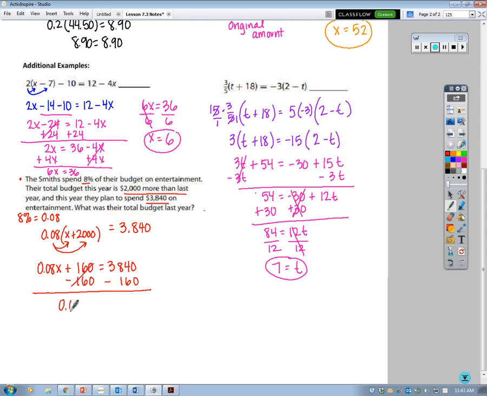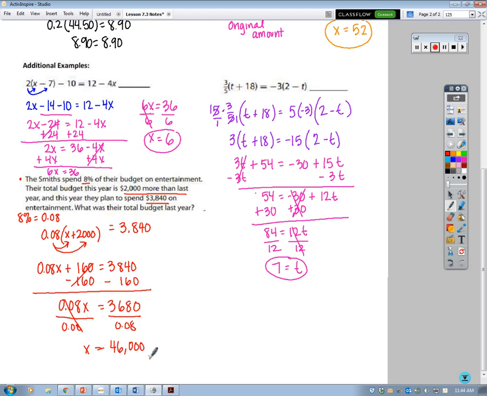I've got 0.08x equals 3,840 minus 160, which equals 3,680. I'm going to divide that by my 8%, my decimal of 0.08. And I'm going to have x equals 46,000. So their total budget last year was 46,000.